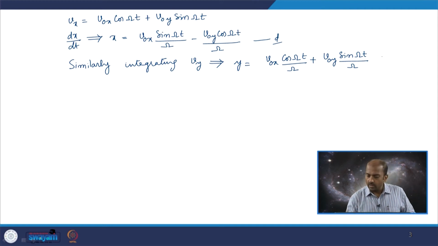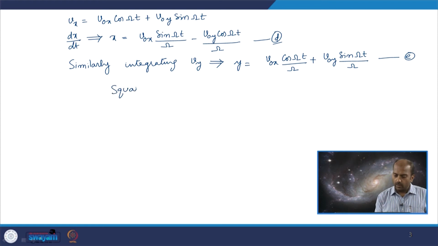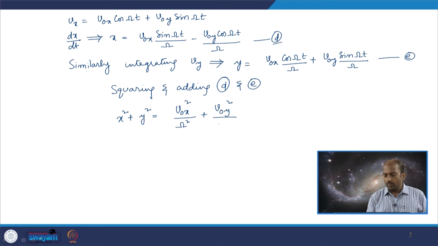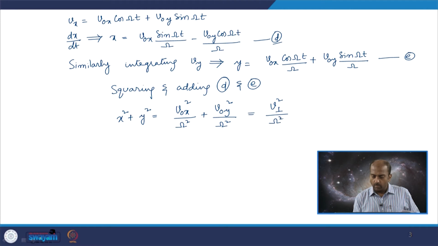Let us call this expression equation number E. Now, squaring and adding equation D and equation E, what we will get is x square plus y square is equal to V0x square by omega square plus V0y square by omega square, which we are going to call V perpendicular square divided by omega square.